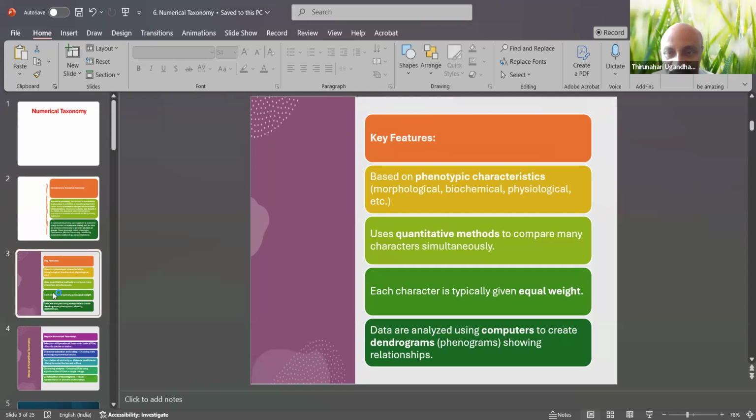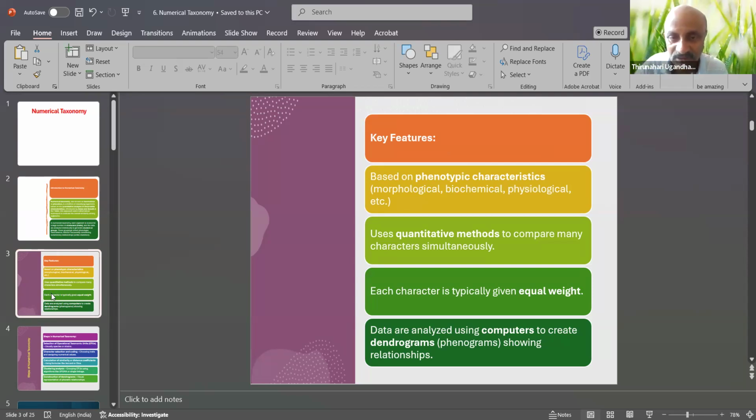It is based on phenotypic characters: morphological, biochemical, physiological, etc. Biochemical means chemical structures, and secondary metabolites are also important and play a major role in physiological function.